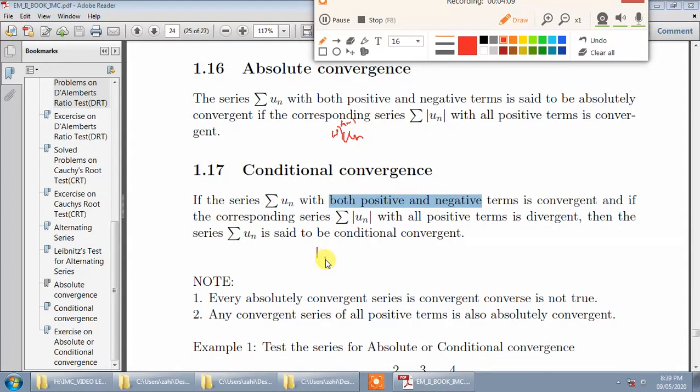Suppose you have 1, 2, minus 3, minus 4, 5, minus 6, 7, minus 8 and so on. You will observe that the terms are not alternately positive and negative. It is not even alternating, but a few terms are positive and a few terms are negative. So that is what a series with both positive and negative terms means.